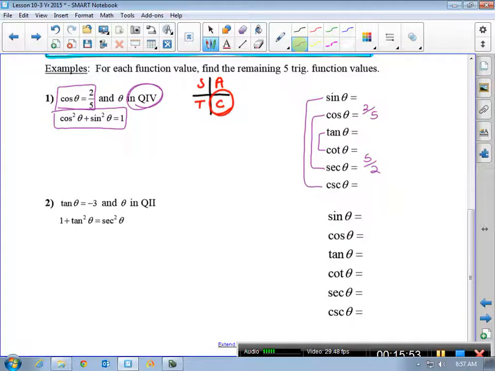So let's do that. 2/5 is cosine, squared, plus sine squared equals 1. 2/5 squared is 4/25. I'm going to turn my 1 into 25/25, because I know I'm subtracting 4/25.